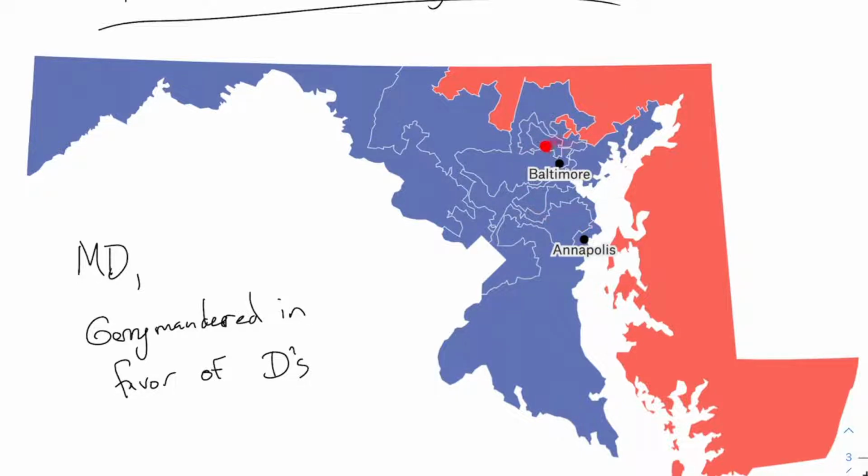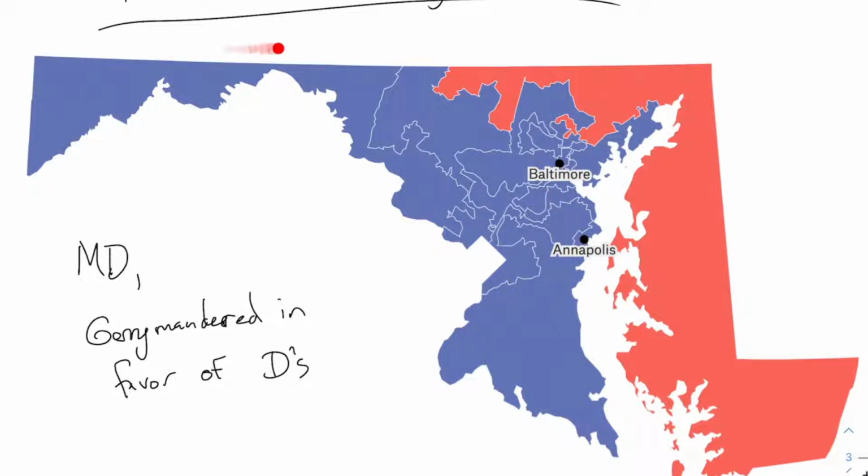basically Baltimore is a big city. A lot of Democrats live in Baltimore, and then you have a bunch of more rural areas where all the Republicans live. And what they've done is they took this big area here, which is mostly Republicans, and they made a little snaky part of it that stretches into Baltimore so that they can pack enough Democrats into this district in order to make it go for the Democrats.